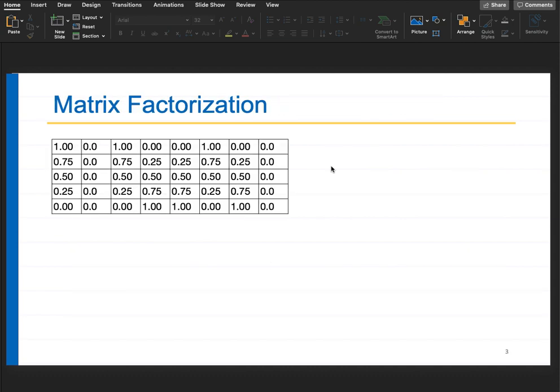In the last class, we had seen PCA, and we saw how PCA can also be interpreted as a kind of matrix factorization. So let's see what is matrix factorization.